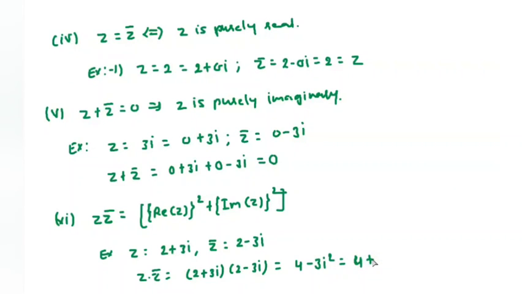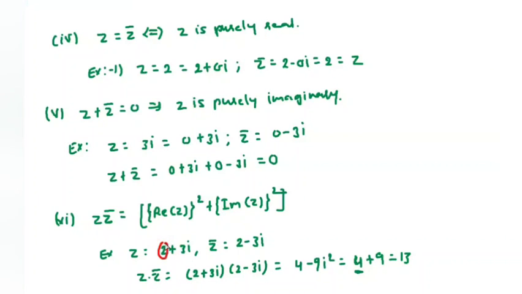Here the square of 3 will be 9. For i square we'll put -1, so minus minus plus, so 4 + 9 is equal to 13. Now obviously this is equal to the real part of z square plus the imaginary part of z square. Look at this 4. 4 is the square of 2, which is the real part.